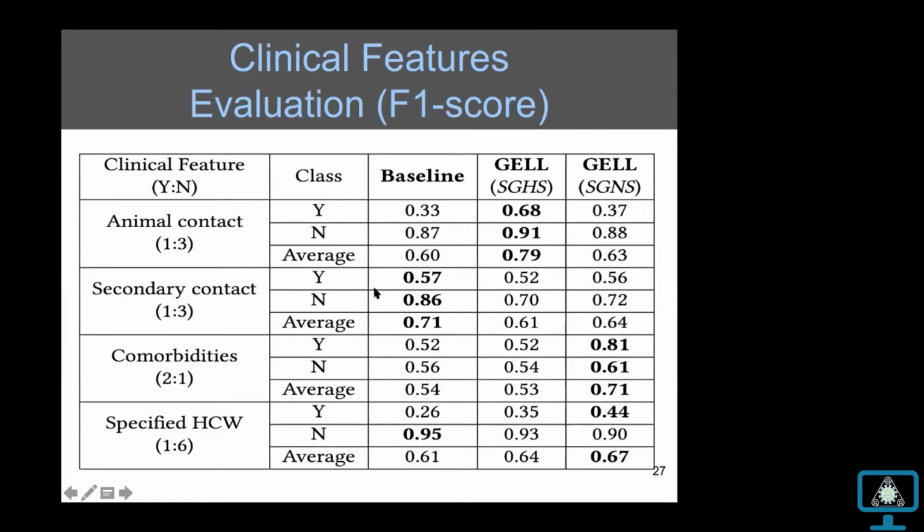But in the case of secondary contact, the baseline method actually performs really well, much better than GEL, which means that whatever we started out with as the seed set of features turns out to be pretty useful to be able to extract these features right from the get-go. That all these additional expansions that we are doing actually causes a deterioration in performance.